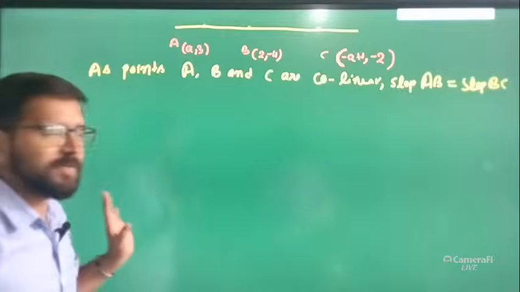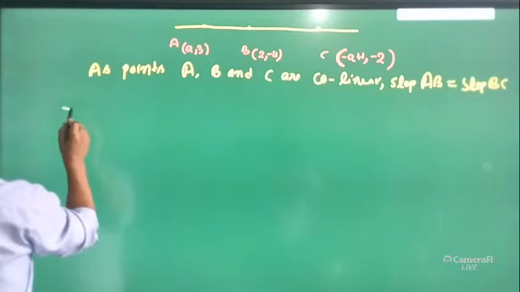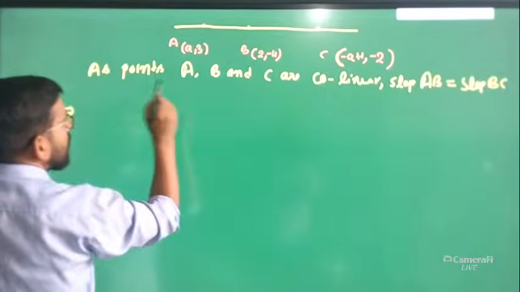Wherever we calculate it from, the answer will be the same. So what is the slope of AB? This implies that slope of AB, what is it?